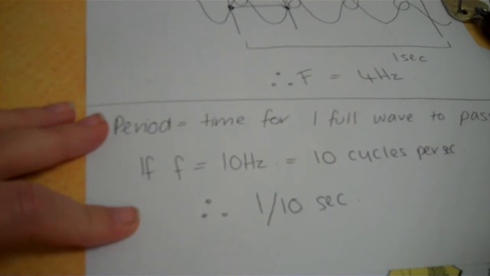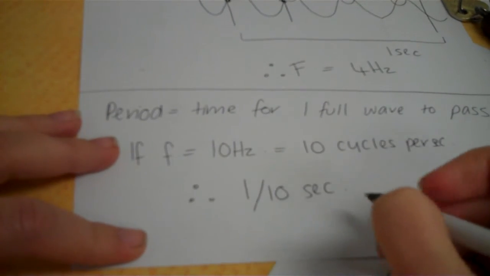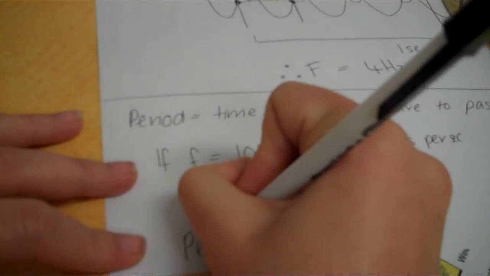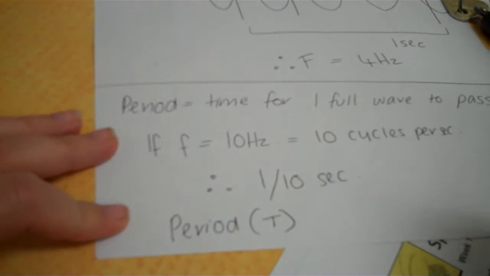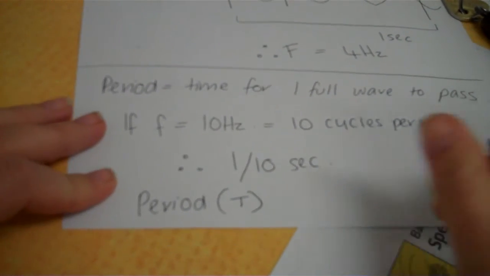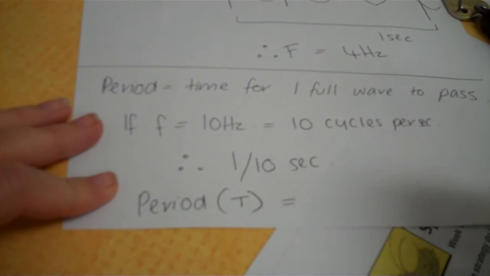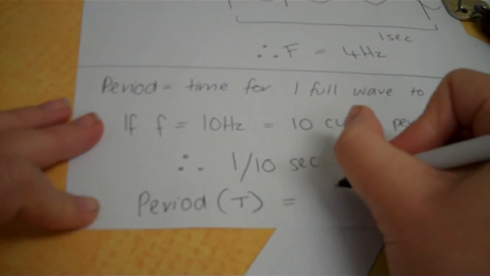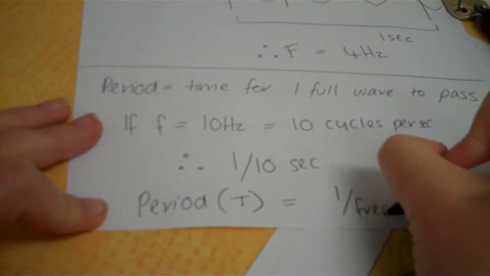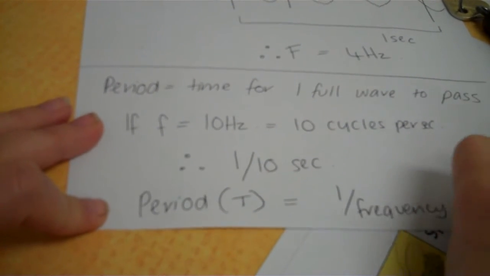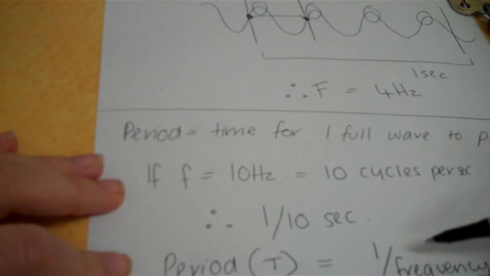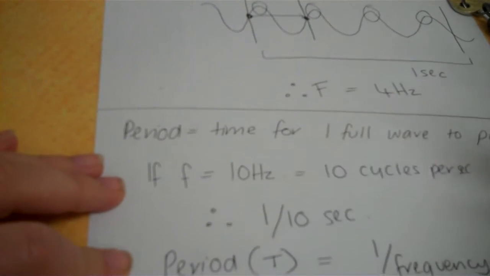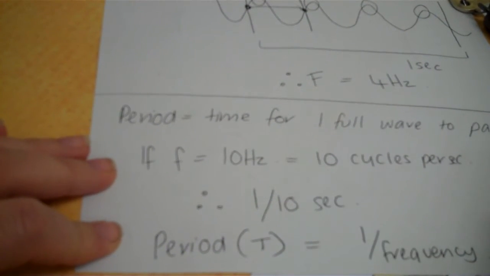An easy way to calculate that, we say period, and we use the symbol T for period. Nice and confusing for you. Period equals 1 divided by frequency. Nice and easy. In this case, it's 1 divided by 10.